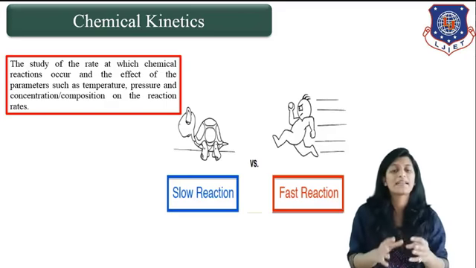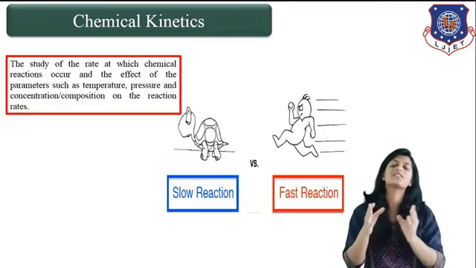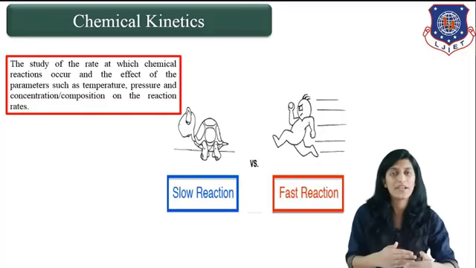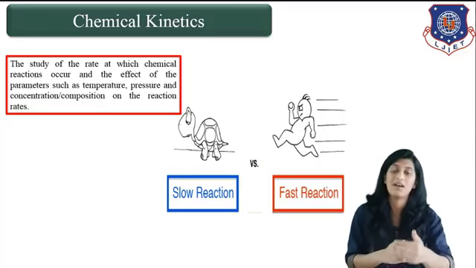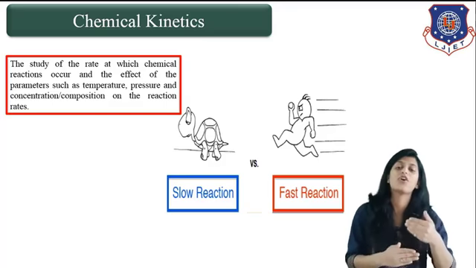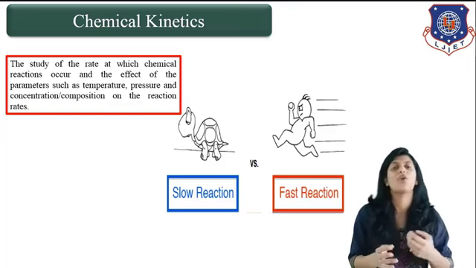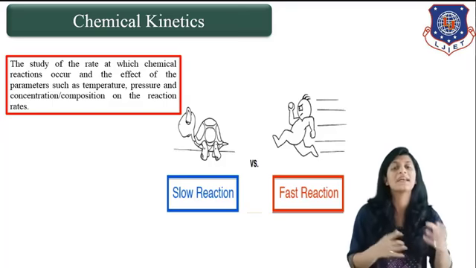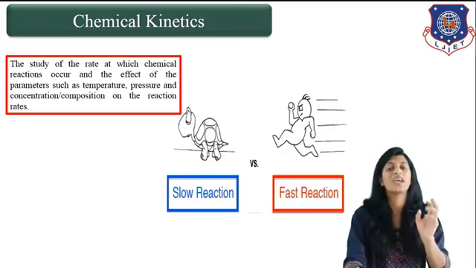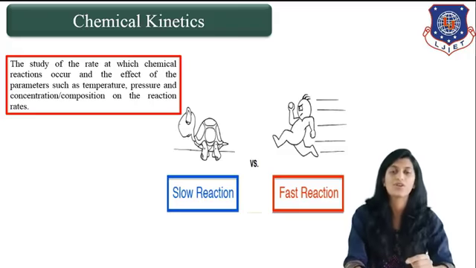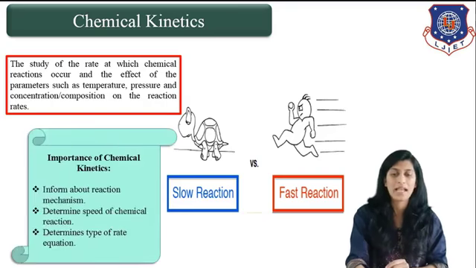So chemical kinetics is basically associated with speed. This is the study of the rate at which chemical reactions occur, and the effect of parameters such as temperature, pressure, concentration or composition on the reaction rate can be determined. So we are just determining the speed of reaction using chemical kinetics.